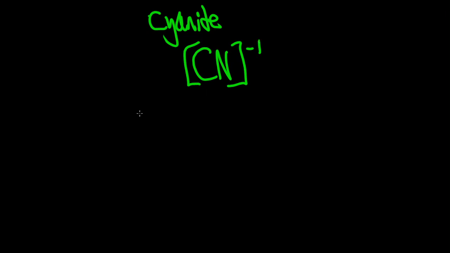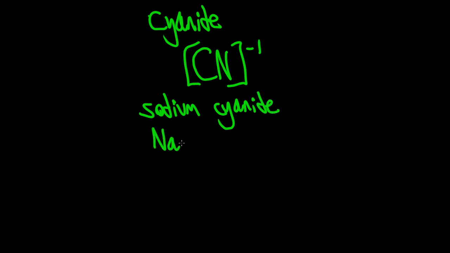Okay, so if I have sodium cyanide, I'm going to have Na with a +1 charge, and I'm going to have CN with a -1 charge, and you know the drill.